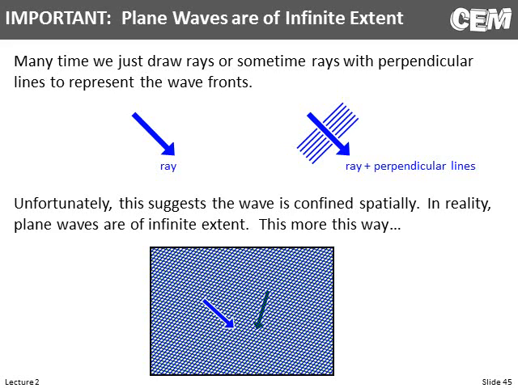So when we draw a plane wave, a lot of times we'll just draw a little arrow. And it's easy to think that because we just drew a little arrow that it's somehow confined there. And it's actually not the case. We're talking about a phenomenon that exists everywhere. So that's important to keep in mind with a plane wave. Anyway, that's about all. Any questions on that?